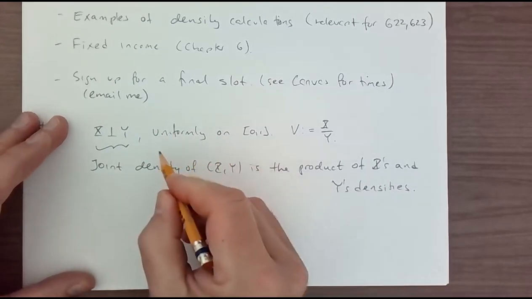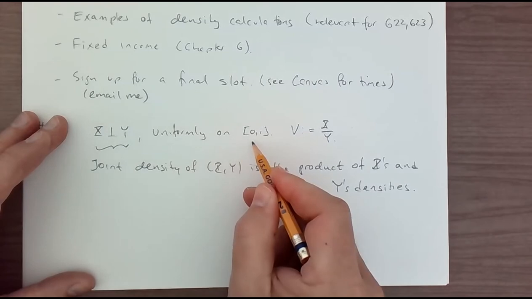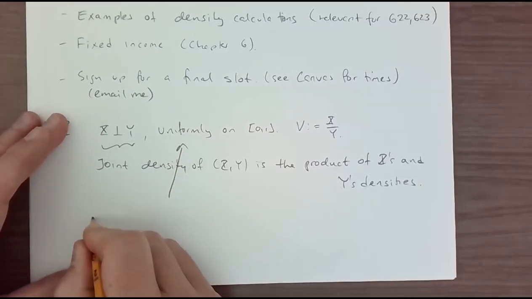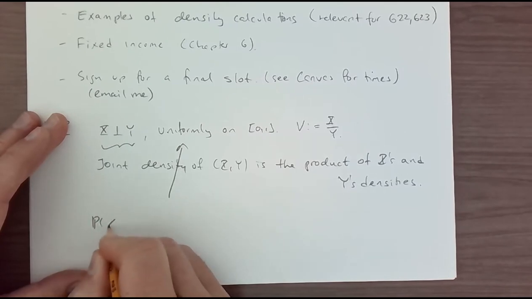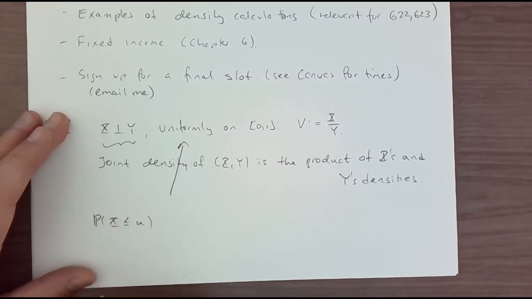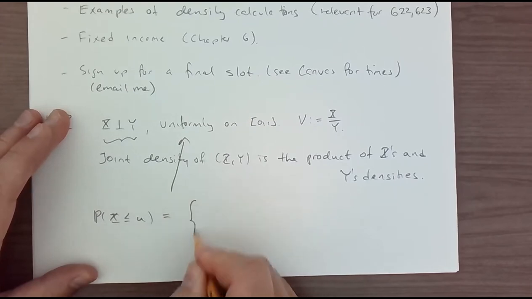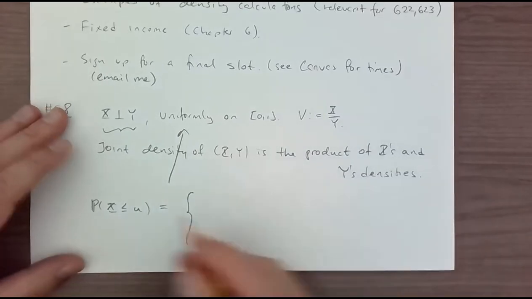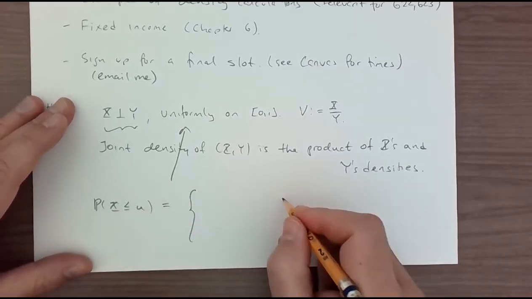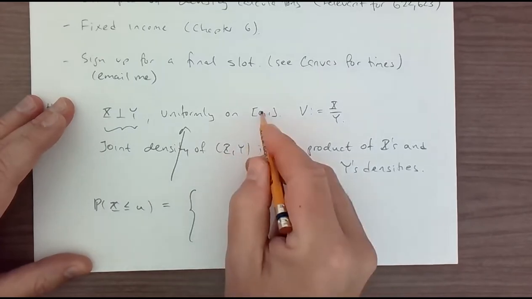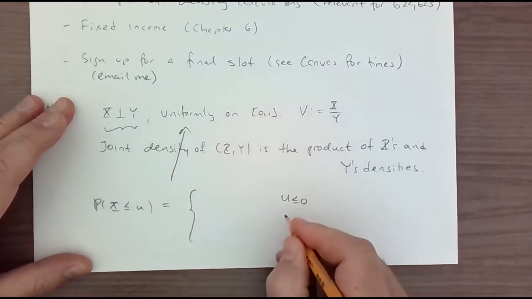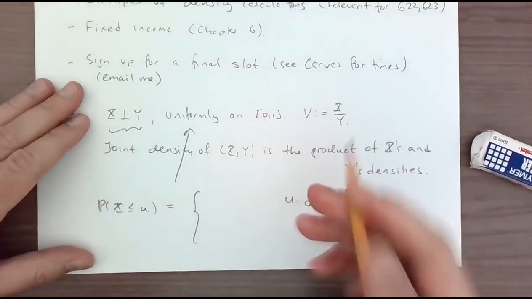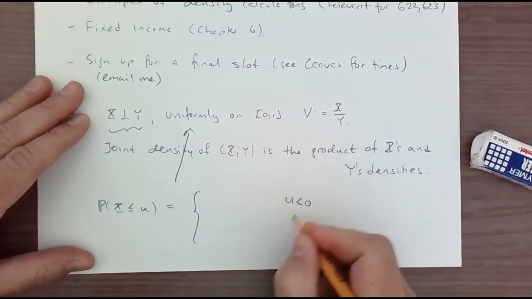What does it mean to be uniformly distributed on the interval 0 to 1? That means the probability that x is less than u has three possibilities. If u is negative, or more precisely less than or equal to 0, the probability is 0. When u is in 0 to 1, that's what happens in between. And when u is bigger than 1, you get a 1. It doesn't matter where you put the equality.